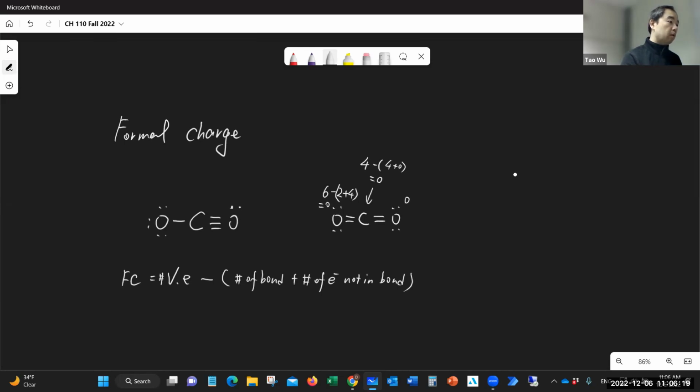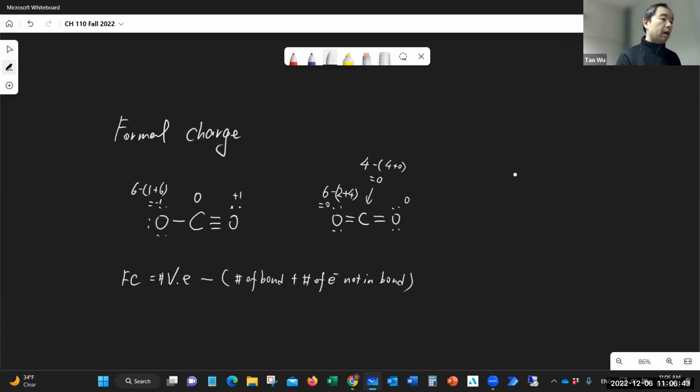But if you calculate this one, you figure out the carbon inside is 0, but this oxygen has 6, subtract the 1 bond, plus 6 dots. So you got a -1, and this one you got a +1. So those are not equal to zeros.